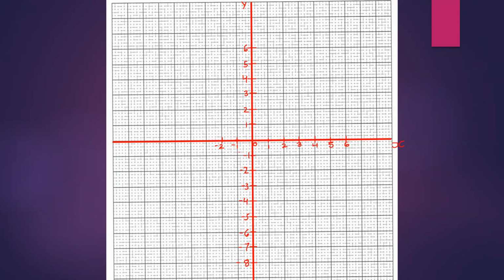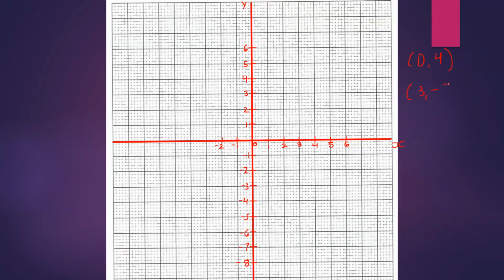We need the point 0, -4. It's not 0.4. It's 0, -4, and then we have 3, -5.